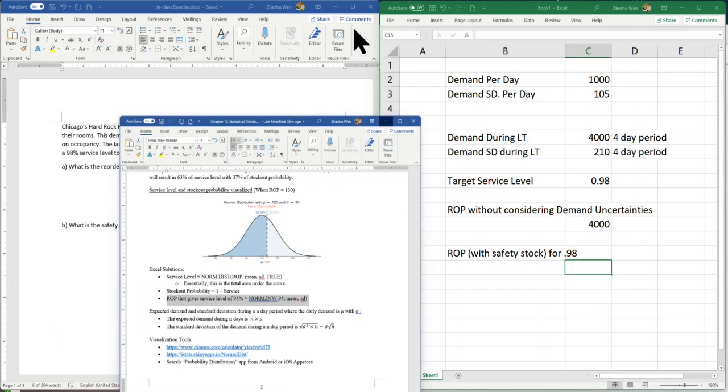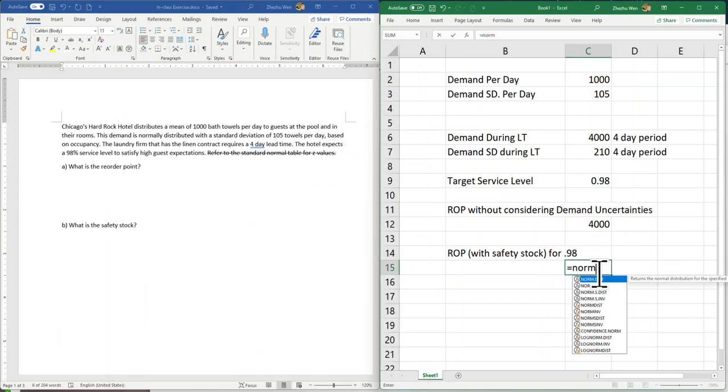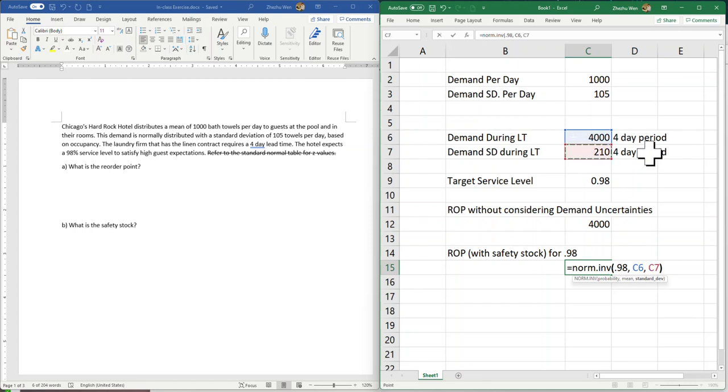So you're going to use NORM.INV. Probability is 98%, your service level. Mean is 4,000. Standard deviation is 210. This is going to be the reorder point with safety stock included.